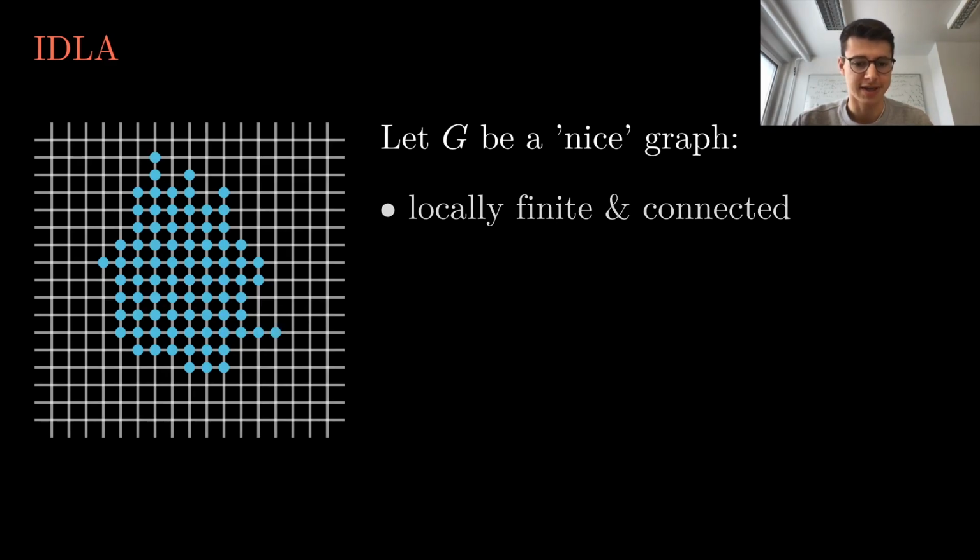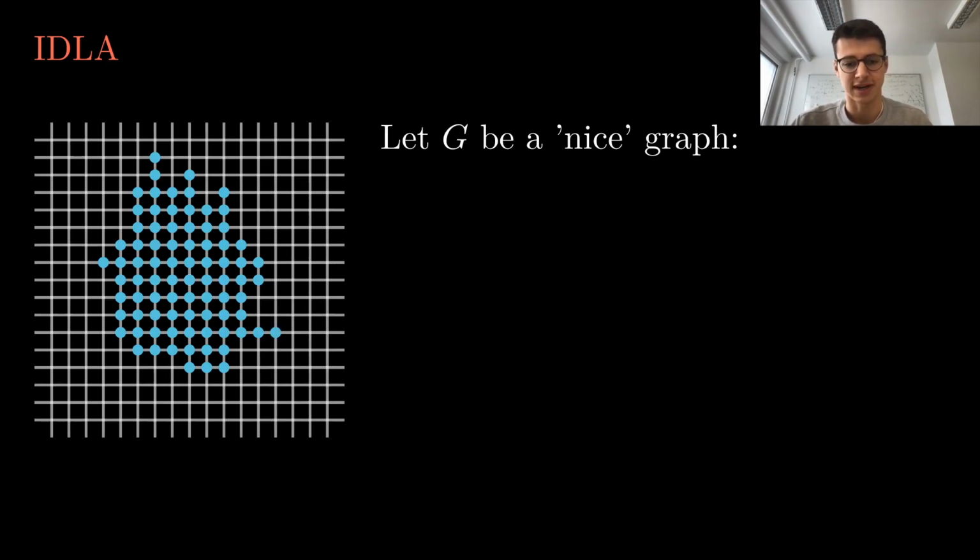So for the mathematical definition, let I(k) be the IDLA cluster after k particles have been settled. Clearly, I(1) is just the origin, as we just elaborated.